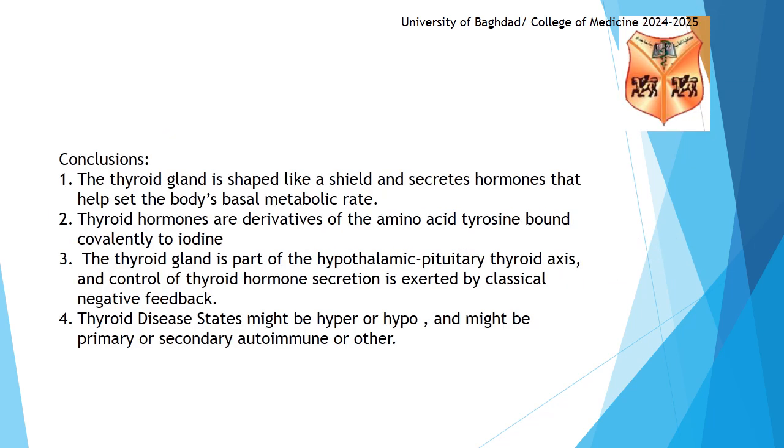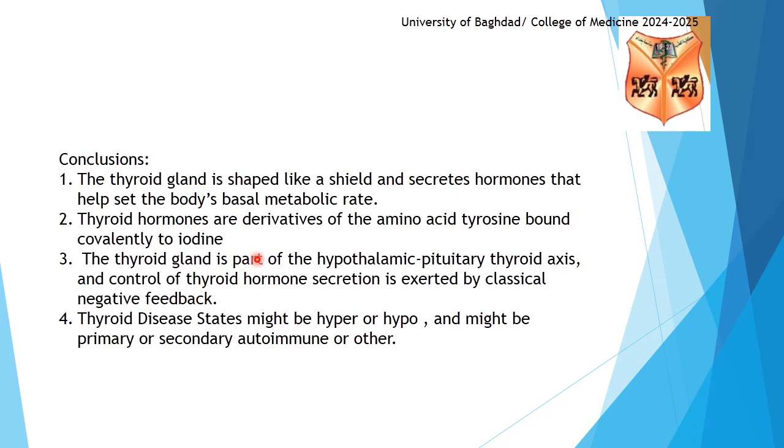In the end of this lecture, we conclude the thyroid gland is shaped like a shield and secretes hormones that help set the body's basal metabolic rate. Thyroid hormones are derivatives of the amino acid tyrosine bound covalently to iodine.